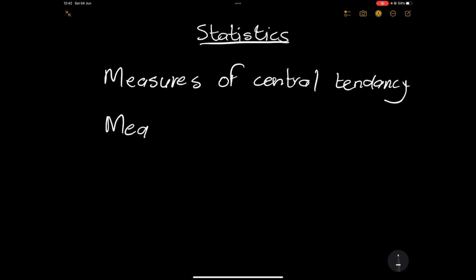When we talk about the mean, if you are given a set of data, and by the way, I'm going to illustrate this with examples, we often use the symbol x bar. And how we simply calculate the mean is that we take the sum of all your data and divide it by the number of values that you have.